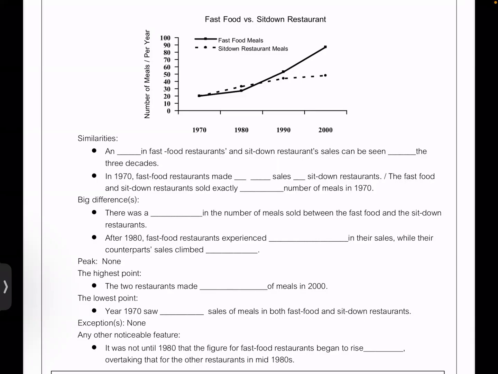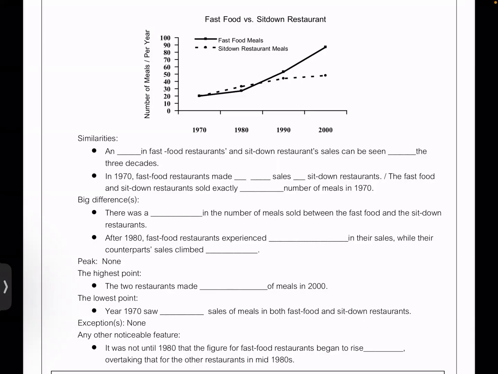It's still increasing. Maybe sit down at some point after 2000 will start to drop because look at the rate, it was slowing down, right? So at some point it will start to drop and then you can highlight the peak. Okay, but we don't see any peak here in this time frame, so we can skip that.